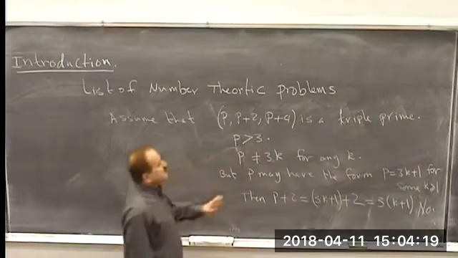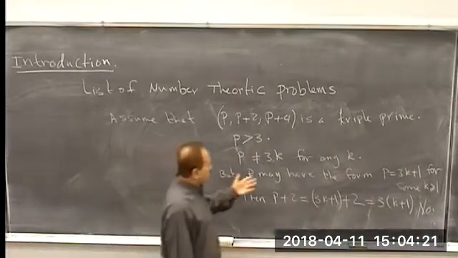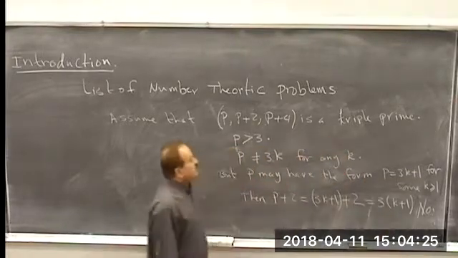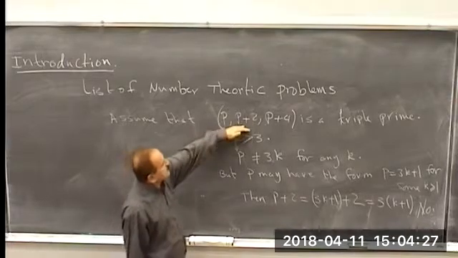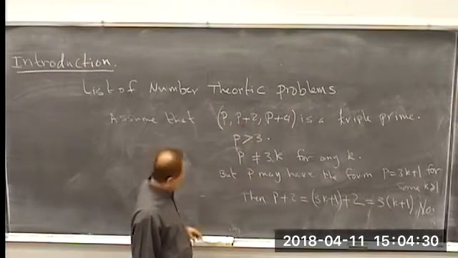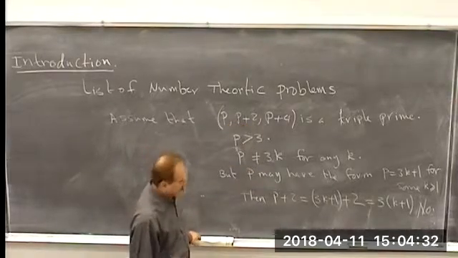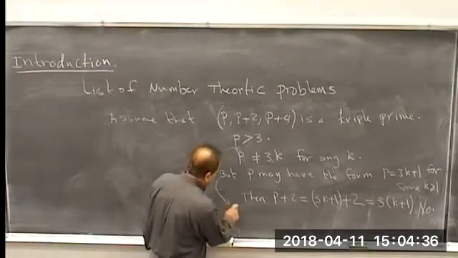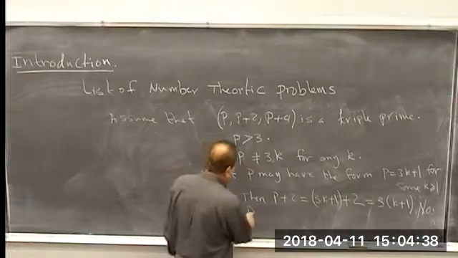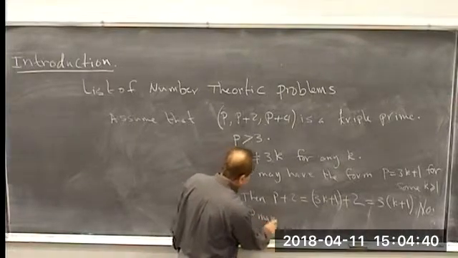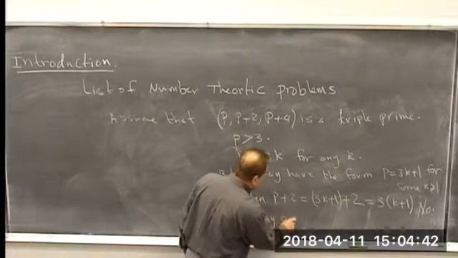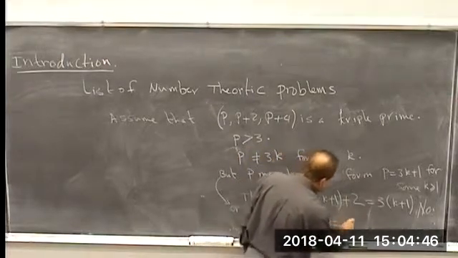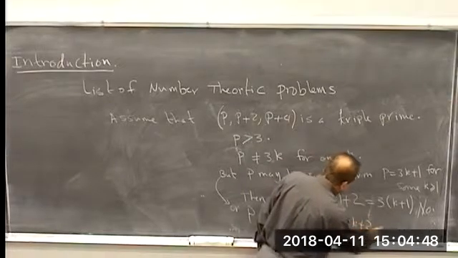So any prime of the form 3K plus 1 would make the number next to it not a prime. This is a multiple of 3. Or, another possibility, P is 3K plus 2.